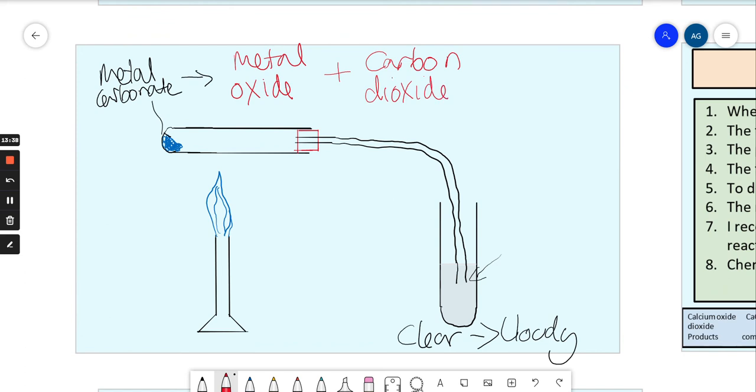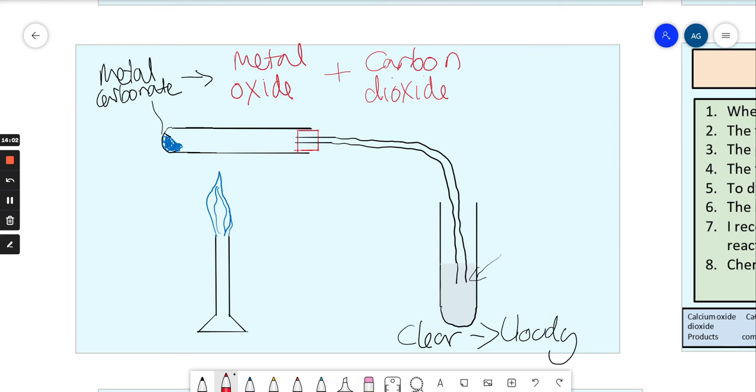Now you might be wondering why there is a tube going from the bung in the test tube into this grey liquid down here. You can see here it goes from clear to cloudy if carbon dioxide is present. Do you know the name of this liquid?